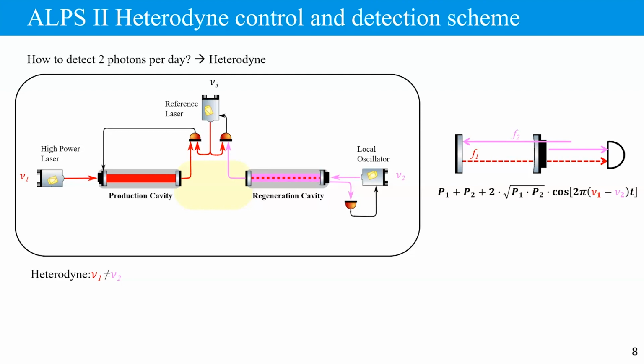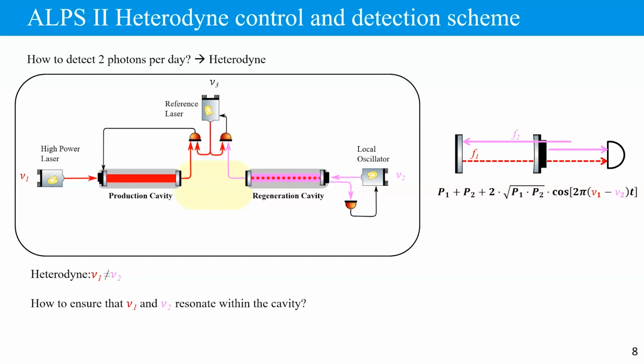So the amplitude of the beat note frequency tells us something about the power that is regenerated, or the power of the regenerated photons within the regeneration cavity. From that, we also see that both fields have to be resonant within the regeneration cavity.